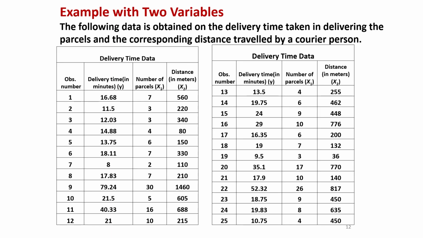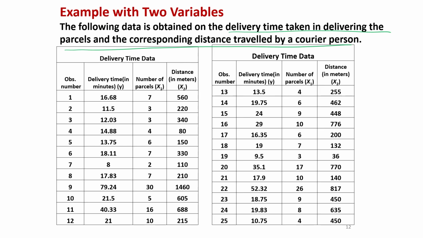So suppose we consider here an example where we have two variables. This data is obtained on the delivery time taken in delivering different parcels and the corresponding distance travelled by the courier person. If a courier person has to deliver more parcels, it will take more time. If the places where the parcels have to be delivered are far away, then also it will take more time.